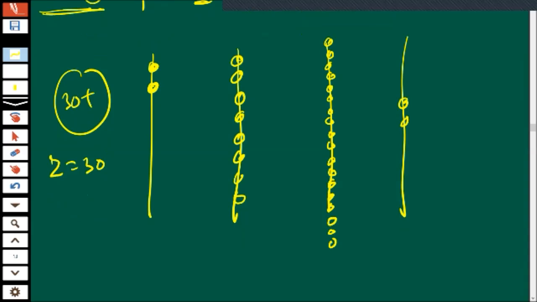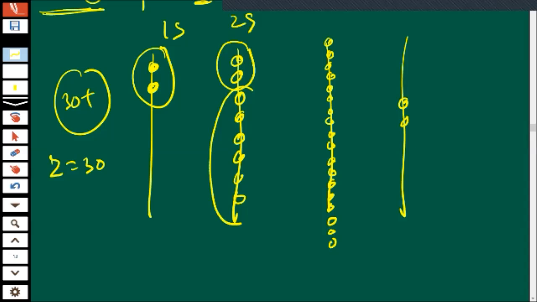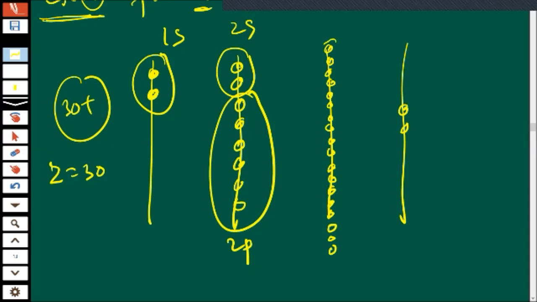Okay, children? Yes, sir. So this is 1s group. This is 2s group. This is 2p group. 1, 2, 3, 4, 5, 6. 1s, 2s.